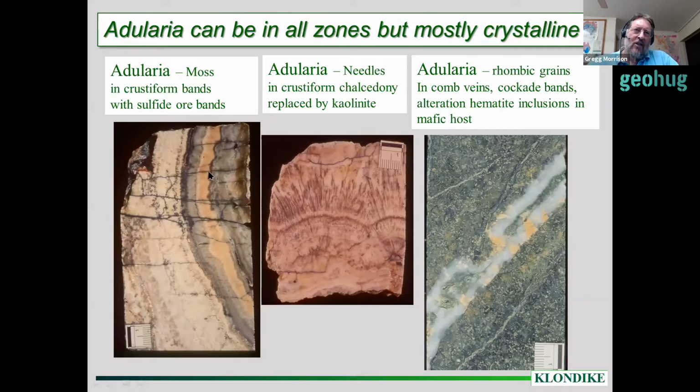There's a band of adularia here, and there's adularia within this that's a bit hard to distinguish from the chalcedony, but all of that is moss textured, and these are crystalline zones in here. So adularia can adopt a typical texture of each of the chalcedonic, crustiform-colloform and crystalline zones, but the most common one is this one here, but the best mineralized one is usually the moss textured adularia in my experience.